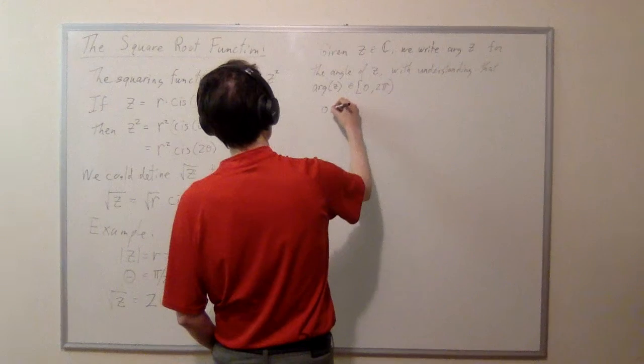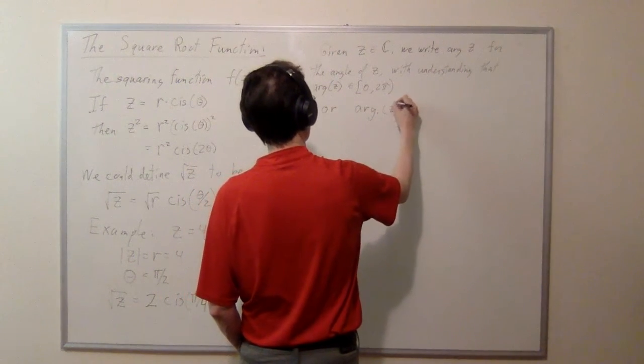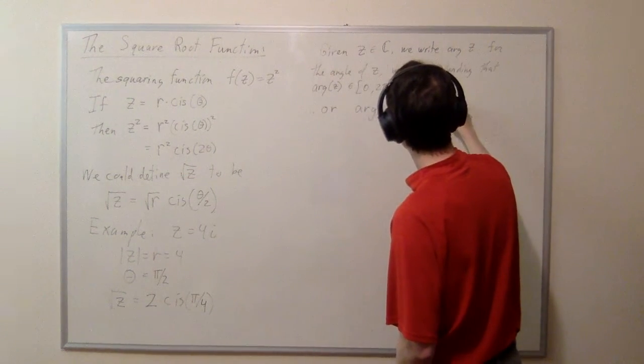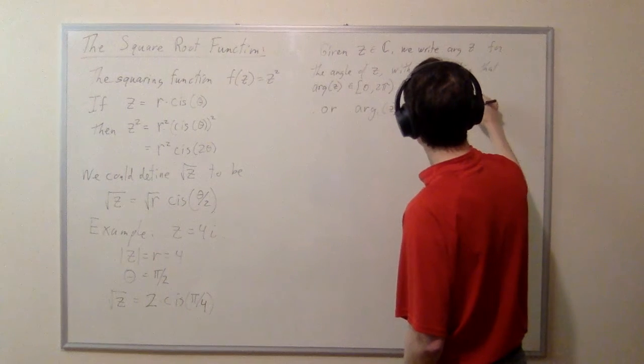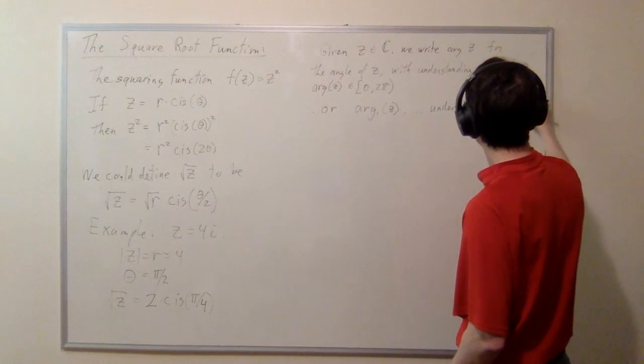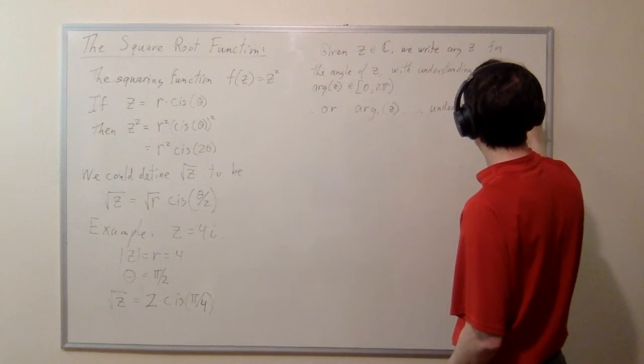So I want to introduce immediately another one, which I'm going to call arg1 of z, with the understanding that arg1 of z would be, the other natural choice, between minus pi and pi.